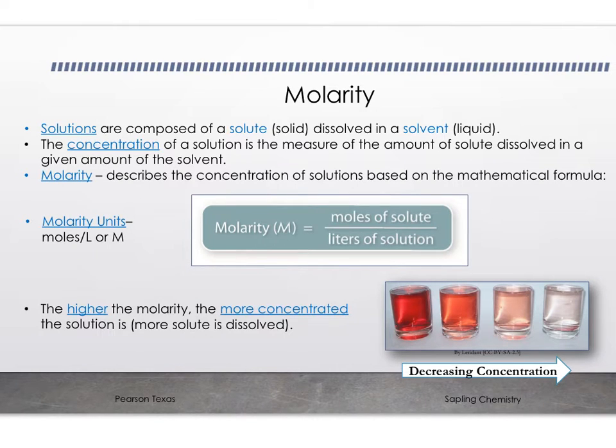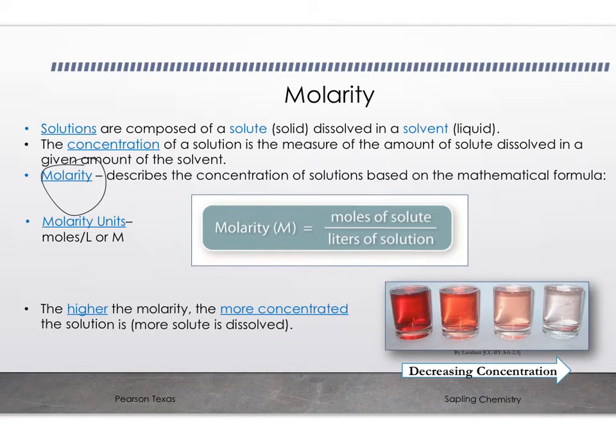Solutions are composed of a solute, which is most likely a solid, dissolved in a solvent, which is the liquid. The concentration of a solution is the measure of the amount of solute dissolved in a given amount of your solvent. We can describe concentration with the unit molarity, which is the concentration of solutions based on a mathematical formula.